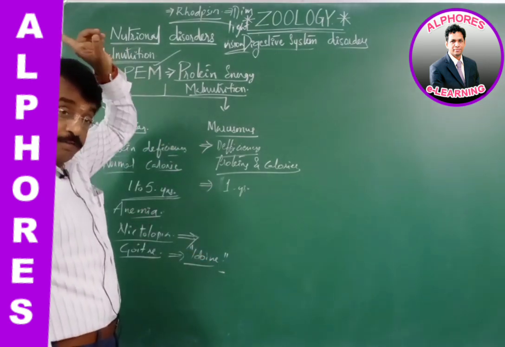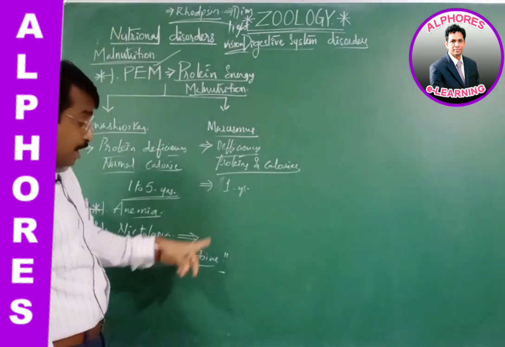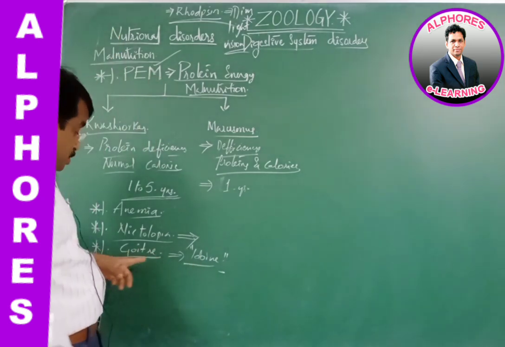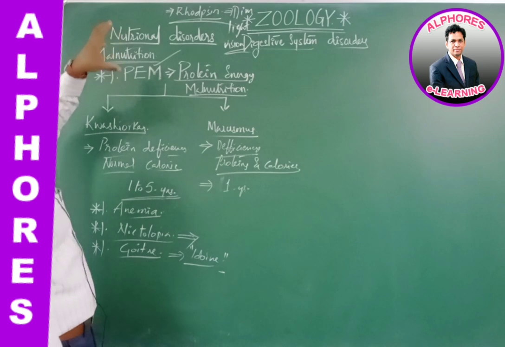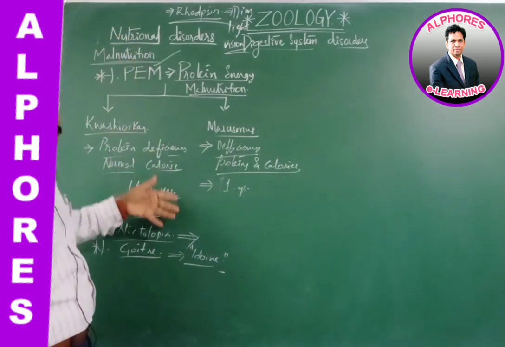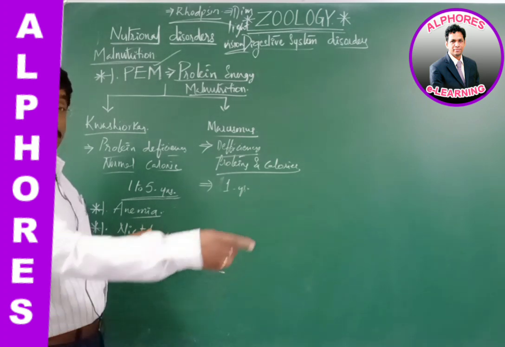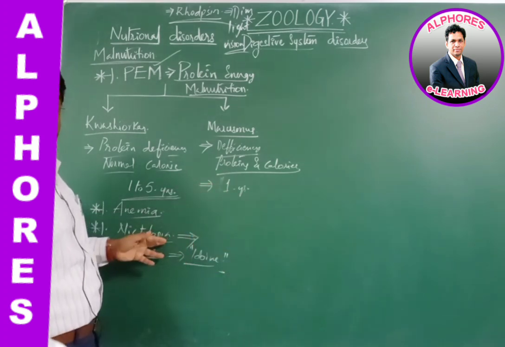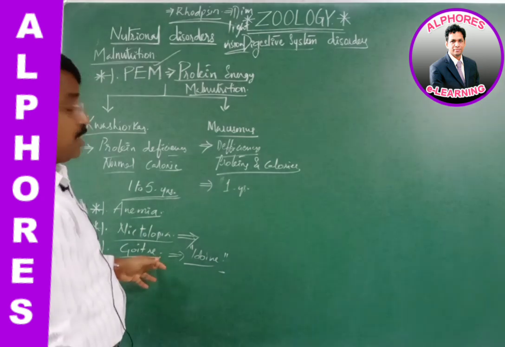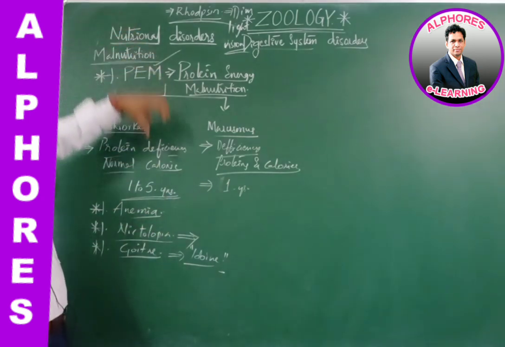We are not talking about deficiency of the hormone; I am referring to iodine deficiency resulting in goiter. So these are, one, proteins, two, iron, three, vitamin A, which is available in various kinds of vegetables, and iodine. These are nutritional disorders.